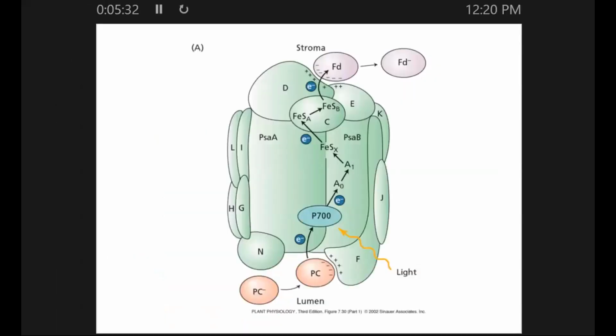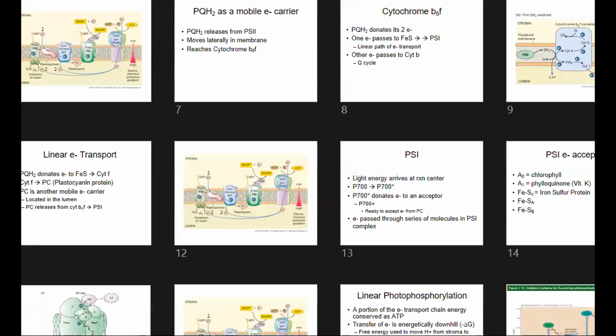And then finally, you see that the iron sulfur B, everything's going okay, ferredoxin will get that electron. And then once ferredoxin gets that electron, it can release from photosystem 1, and it's in the stroma. It needs to find that FNR molecule, because that FNR is really important.